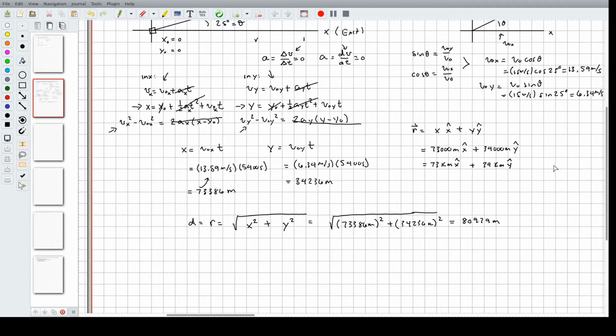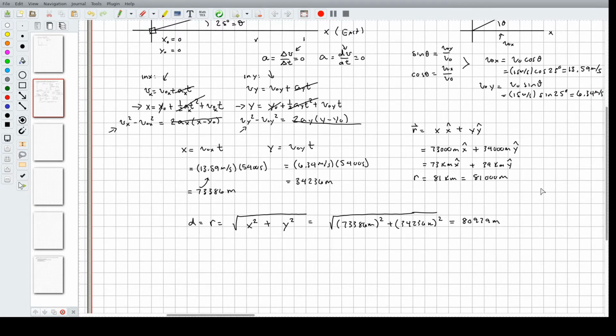It's entirely acceptable. Now, the distance traveled is the magnitude of r. 81 kilometers, or 81,000 meters. Either is fine.